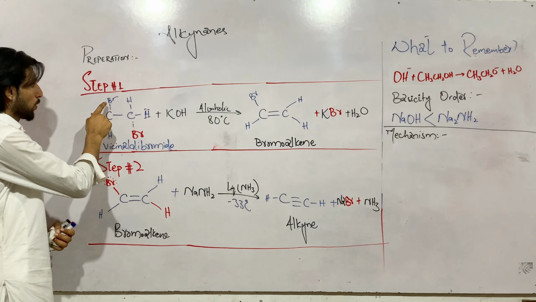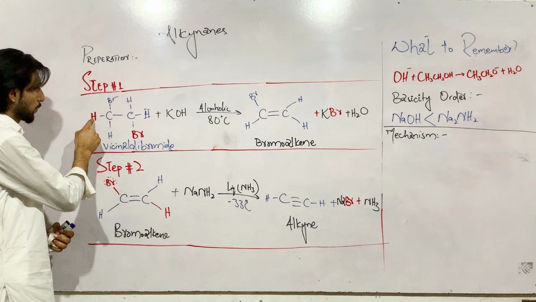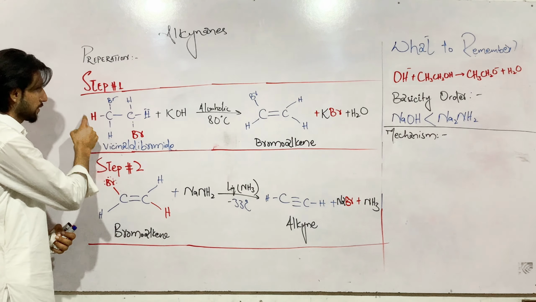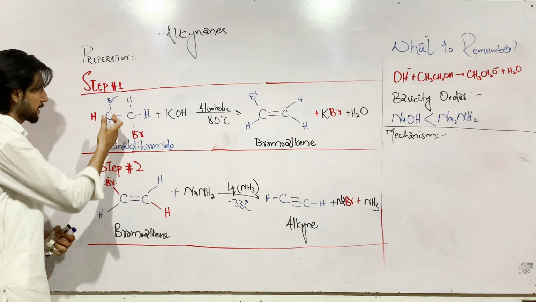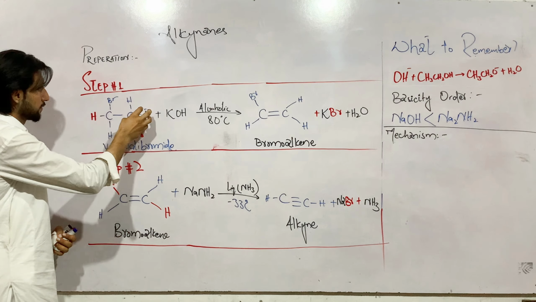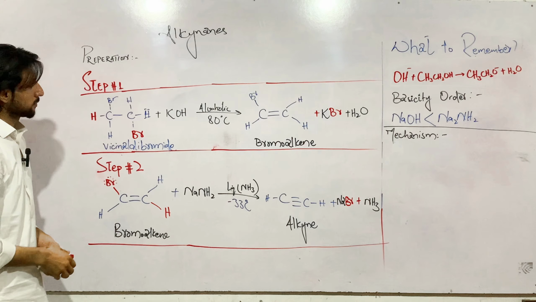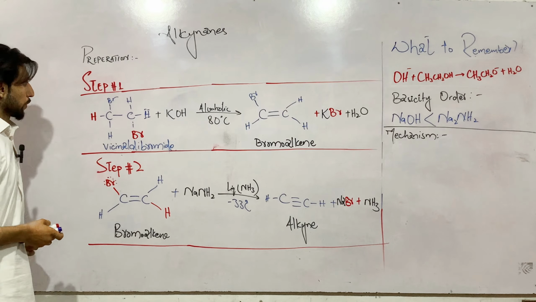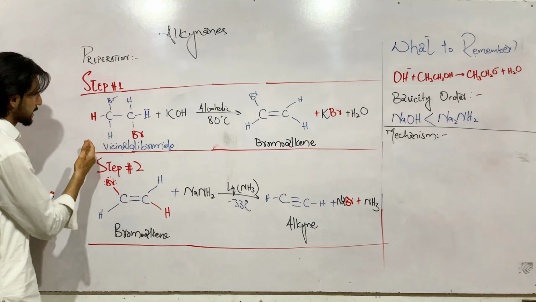In one step, one halogen will leave with the hydrogen at the consecutive carbon atom, and in the next step another halogen will leave with another proton from the next carbon atom. So what happens at step 1?